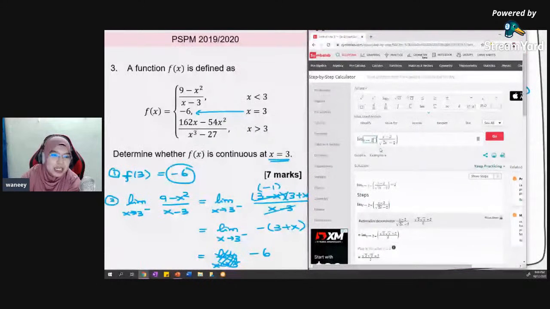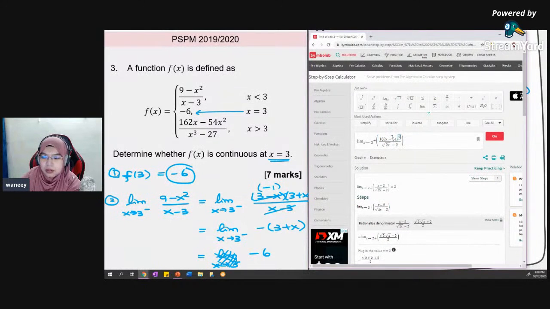3 dari kanan. So function dia adalah 162X tolak 54 X kuasa 2, bawah dia kita ada X kuasa 3 tolak 27.